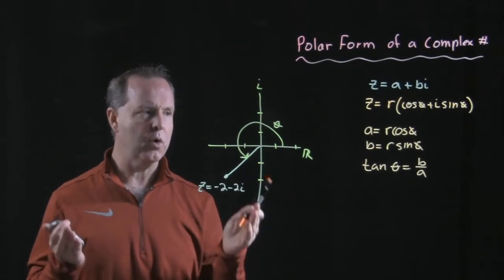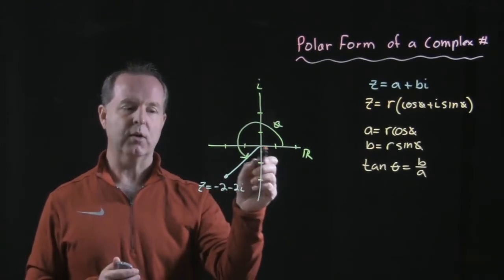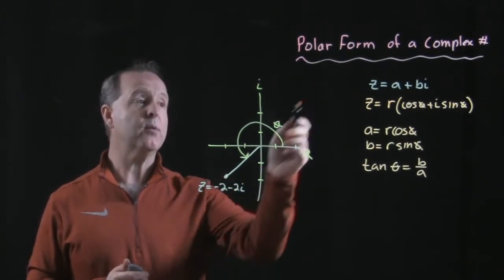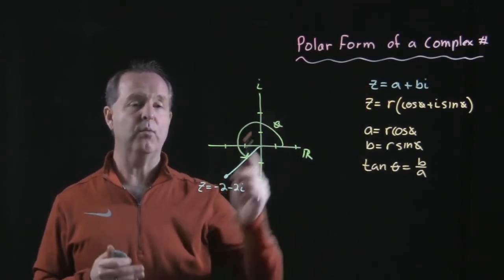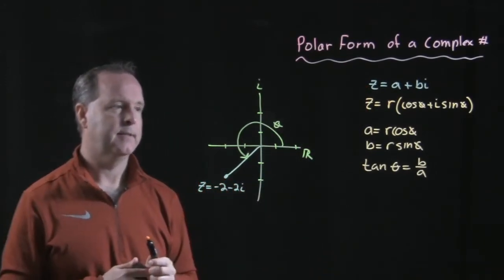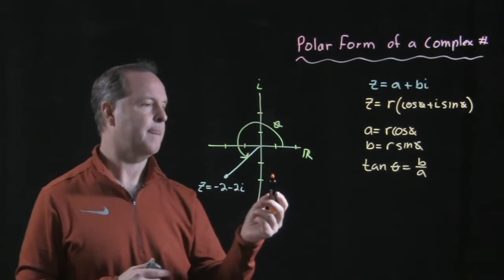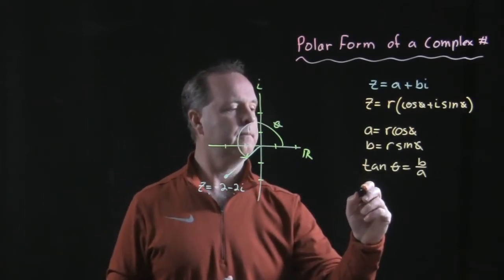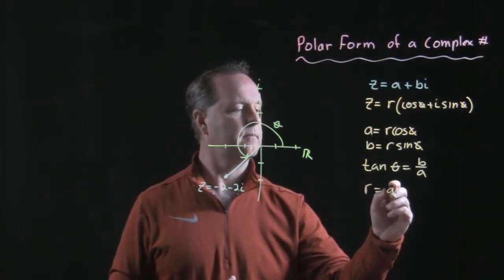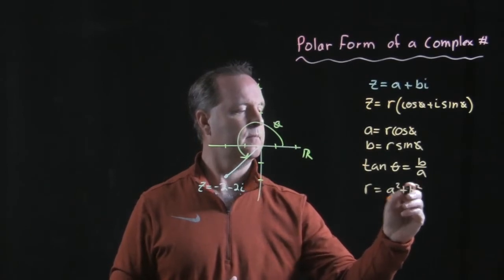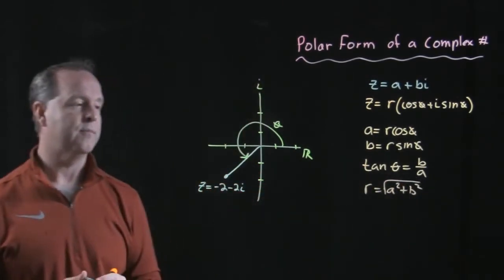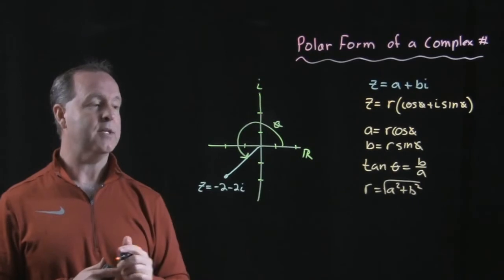So what do we do? Where do we begin as we learn how to identify this one? We need to take our complex form and rewrite it in terms of r and theta. Well, we know that r, oh, I don't have that one up there. That one would be good to know. There we go. Now we can do it. So r equals the square root of a squared plus b squared.